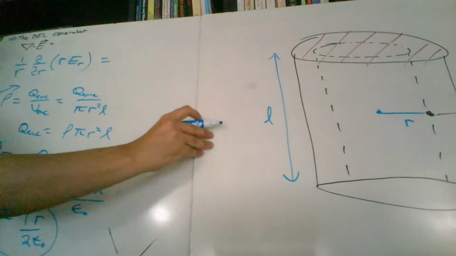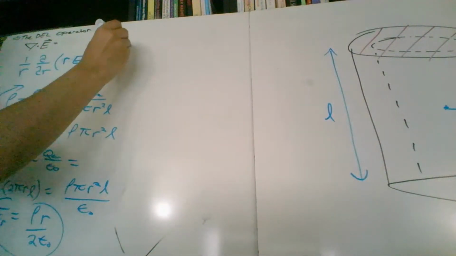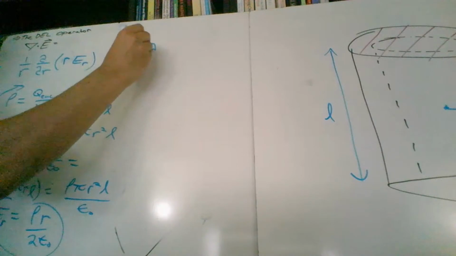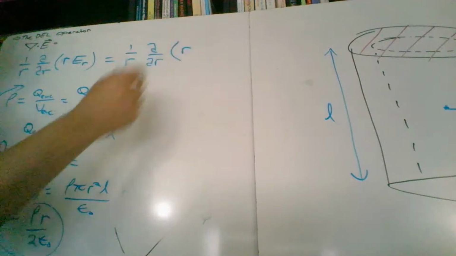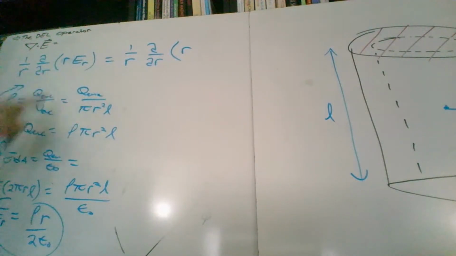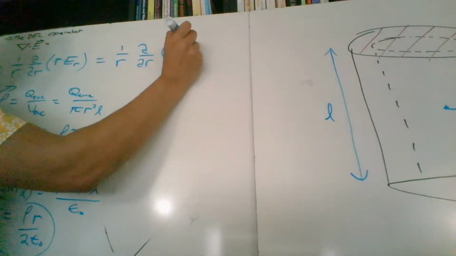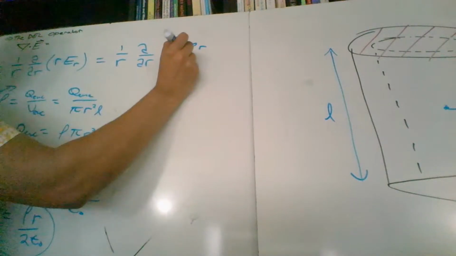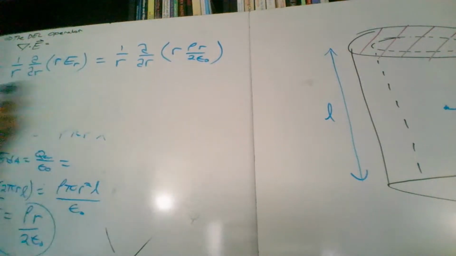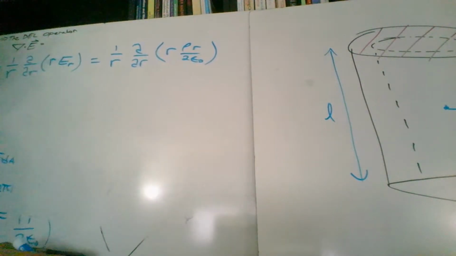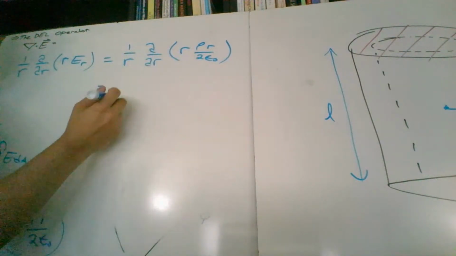And we get, this is kind of nice how it works out. You get 1 over r d/dr of the first r, and then the electric field as a function of r, which was this term right here, rho r over 2 epsilon naught. We're almost done. This works out really nice. If you're moving ahead of me, you'll understand why. We can pull out the rho and the 2 epsilon naught.